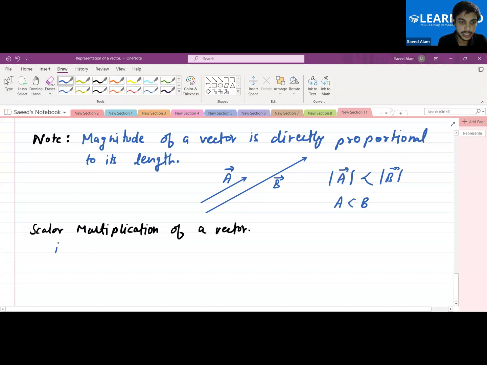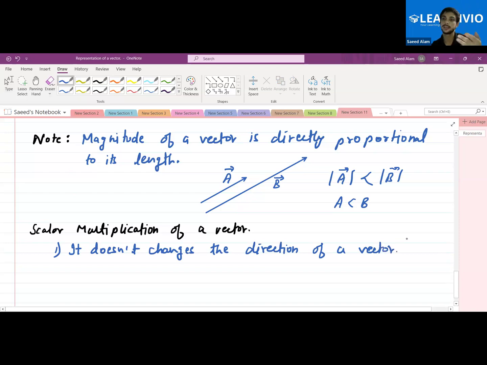So should I write the first point here that it does not change the direction of a vector? Okay, because you had answered it yourself that the final vector will become 5 Newton in the same direction. So that means it does not change the direction.